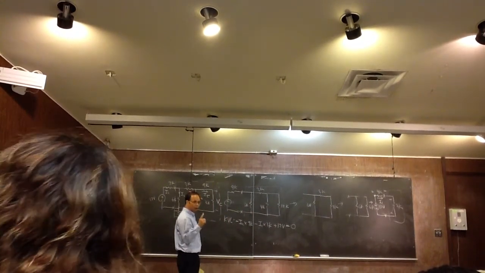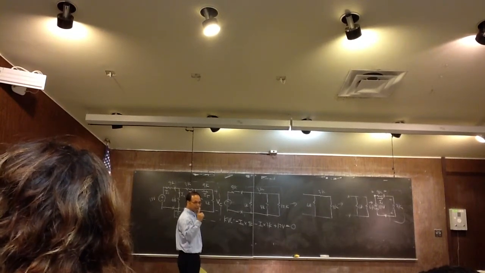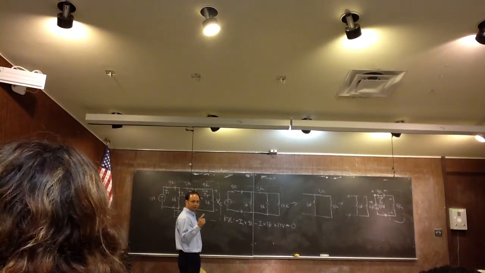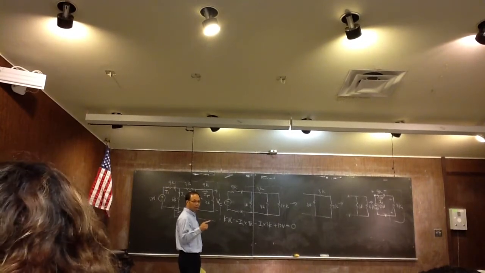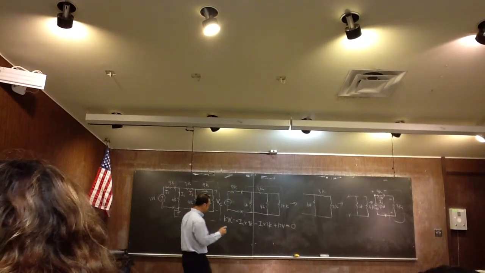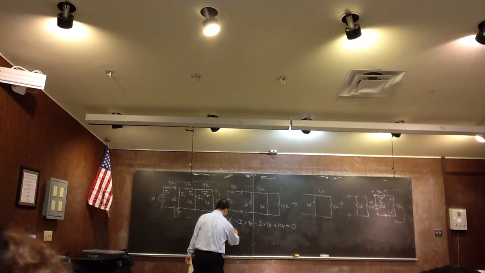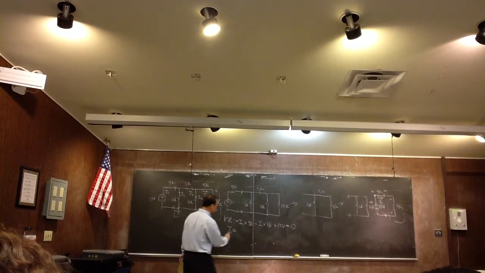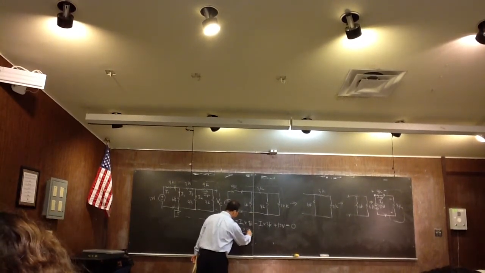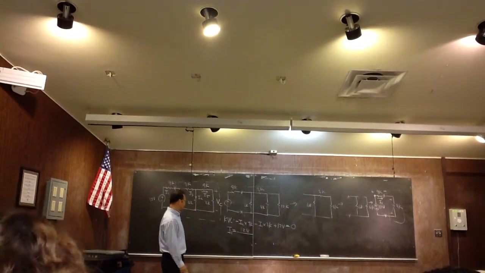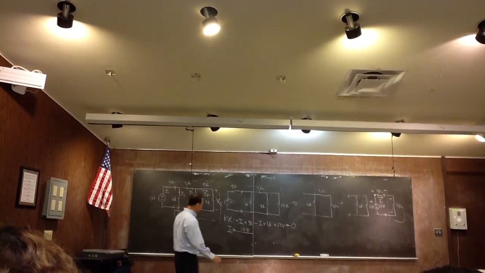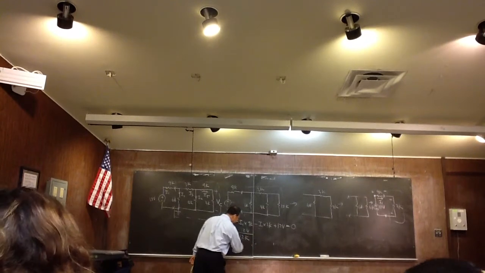Okay, now you have one equation and one unknown. And that's good news, right? That means you can solve for that unknown. So what is I1 now? I1 is equal to 12 volt divided by what? Negative 12K, 27K.